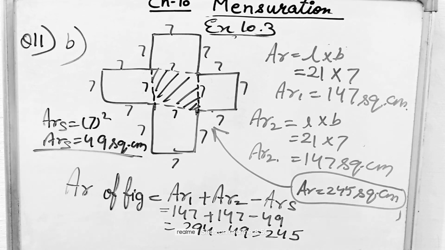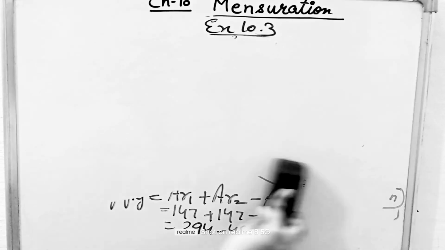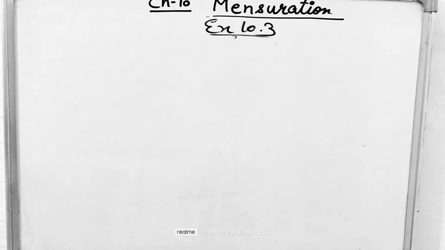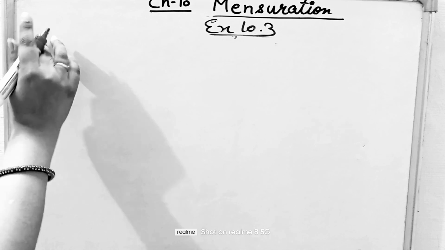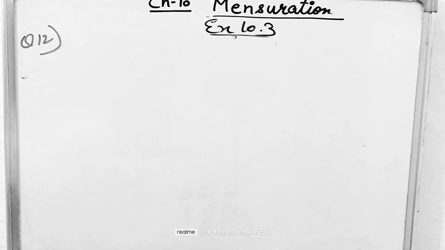Now the last question of this exercise is, how many tiles whose length and breadth are 12 centimeter and 5 centimeter respectively will be needed to fit in a rectangular region whose length and breadth are respectively.